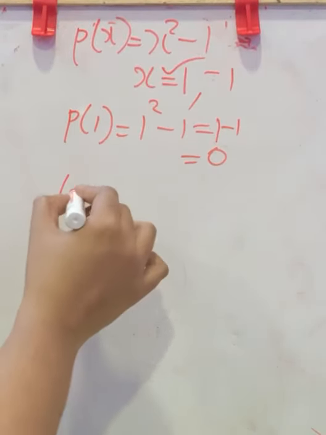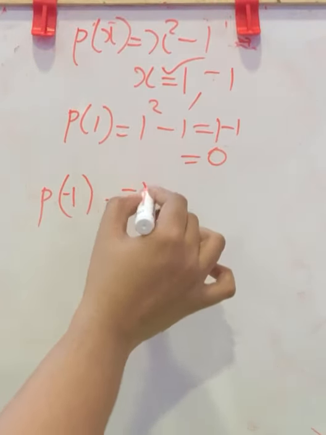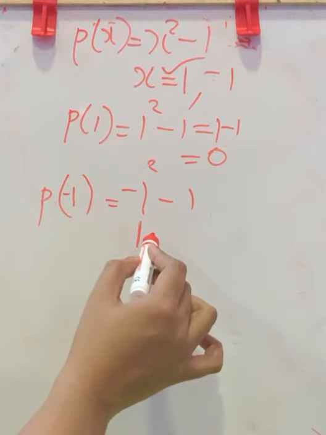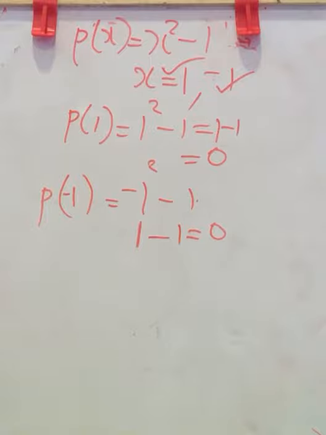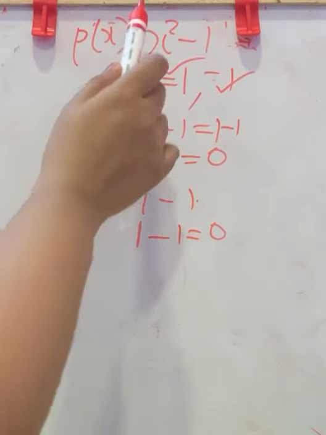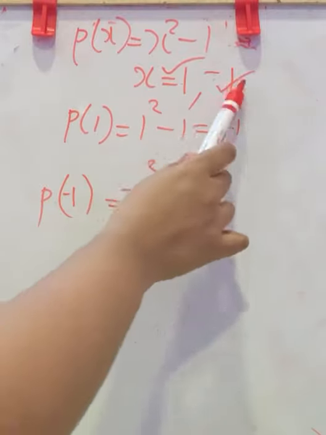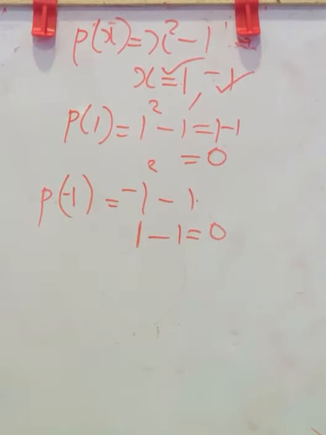Now the other one, P of negative 1. Then this becomes negative 1 square minus 1. Negative 1 into negative 1 is positive 1 again. 1 minus 1 again 0. Yes, this is also a zero of this polynomial. So this polynomial has two zeros. When we substitute both these values, we get the result 0. So both are zeros of that polynomial.